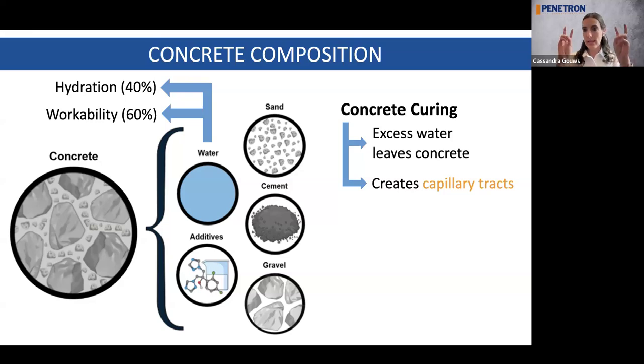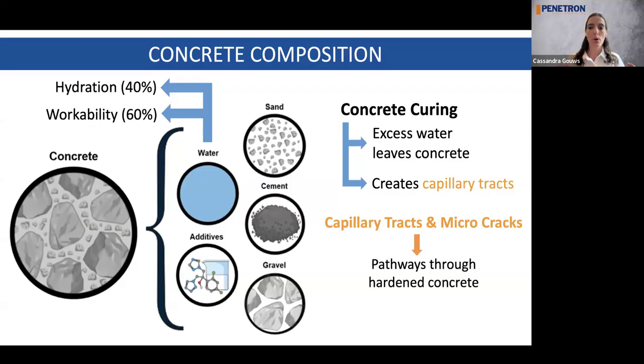Now, those little snail trails, more technically known as capillary tracks, they stay in place when your concrete hardens, and that's what causes your concrete to be porous and permeable. Now, those capillary tracks, as well as microcracks that form when your concrete hardens, form pathways through your hardened concrete.